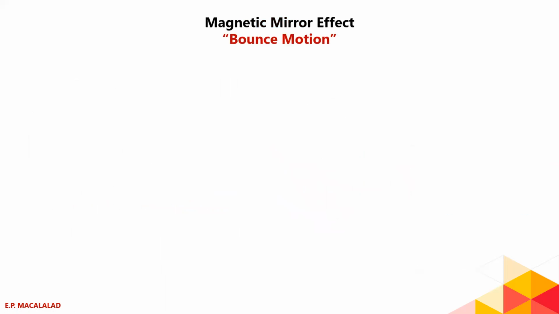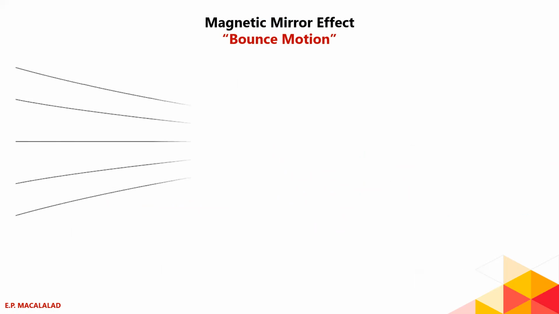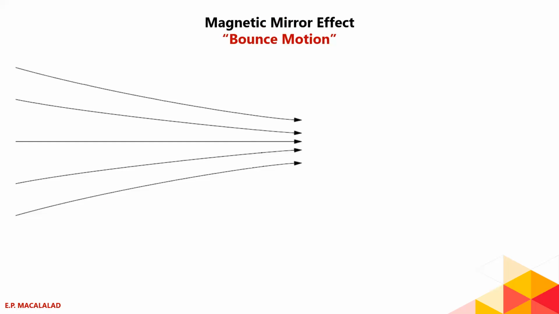Now, what if we have a non-uniform magnetic field? So let's say we have, for example, this magnetic field configuration. In this region, the magnetic field lines are farther away from each other, and in this region, the magnetic field lines are closer to each other.